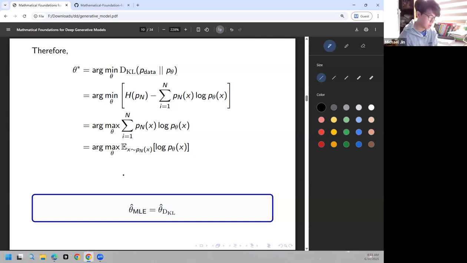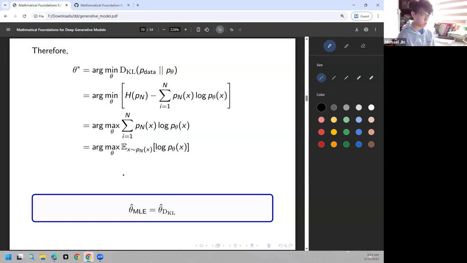By the result on the last slide, it's the entropy minus this sum over P log P of theta. And the information entropy of the real discrete sample empirical distribution is a constant, because it is what we already have and does not involve any variables. So it's a constant, we can discard it.